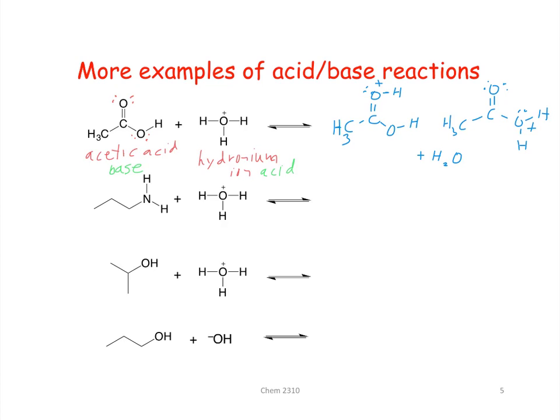Okay? So how would we predict which of these two products would be the correct conjugate acid? What I would say is that in this case, we're going to form whichever one of those conjugate acids is more stable than the other.